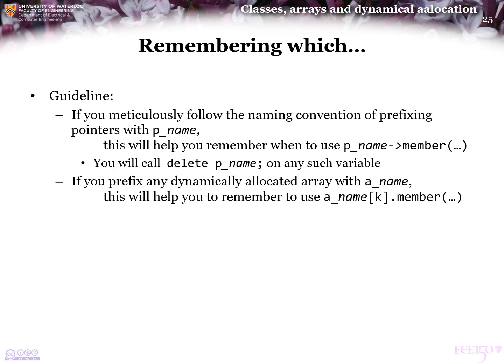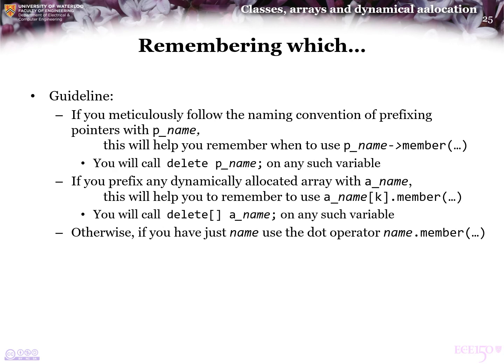If you prefix any dynamically allocated array with a underscore, then that will help you to remember to use the index, and then on a particular index, use the dot operator to access a member variable or member function. And again, it will also help you to remember to call delete with square brackets on that variable name. Otherwise, you just have a name and you use the dot operator, and you do not call delete because it is a local variable or a parameter.